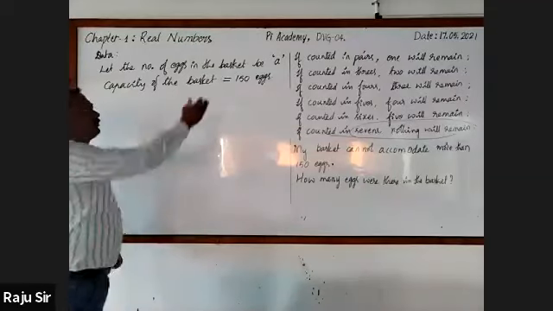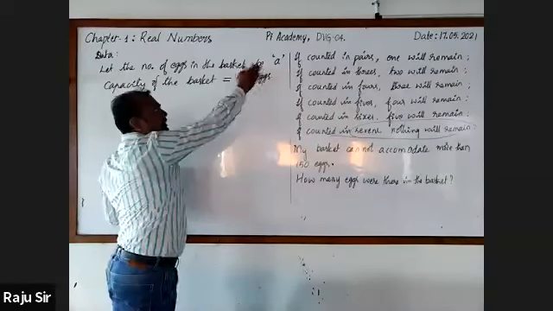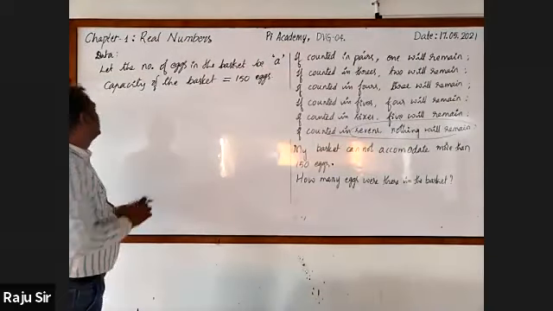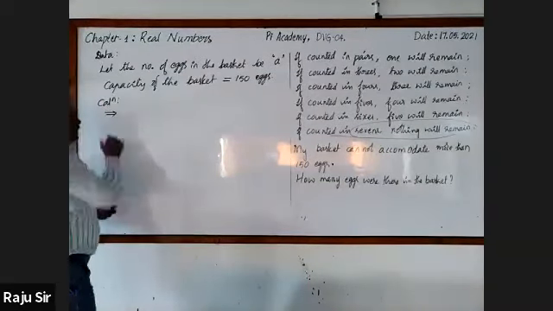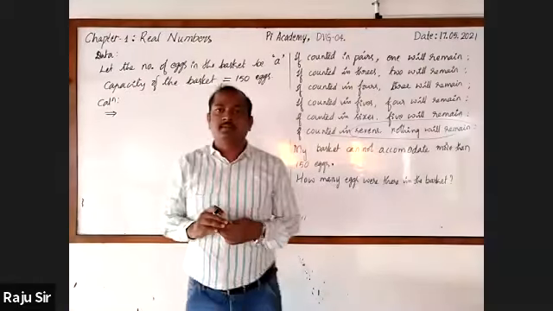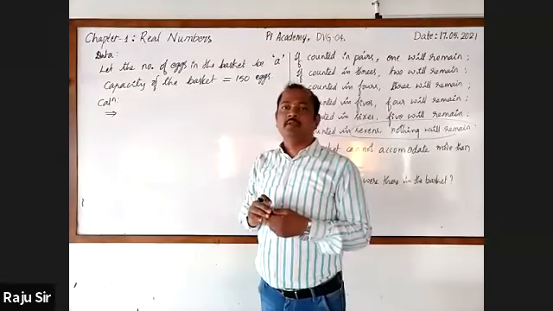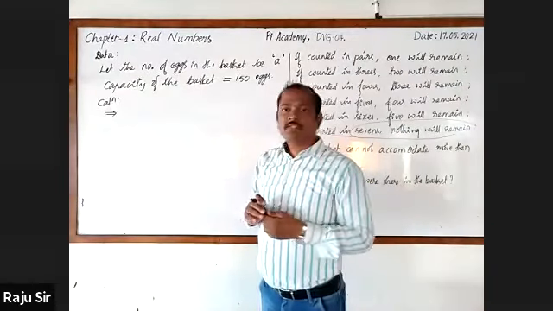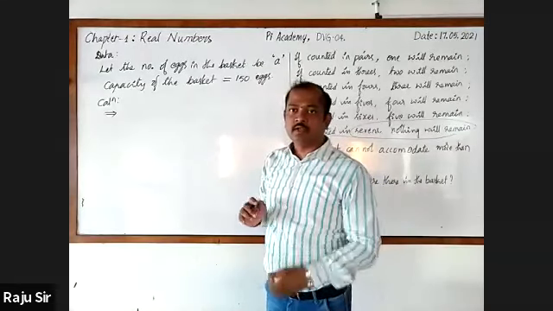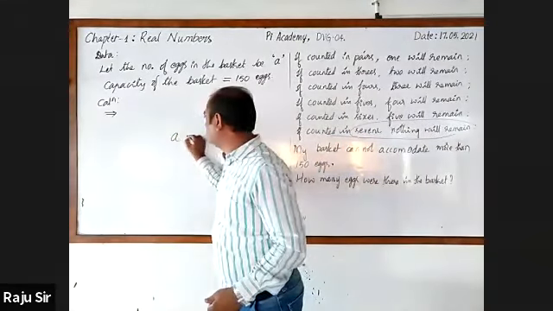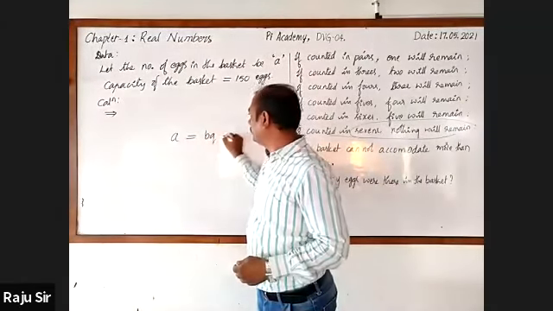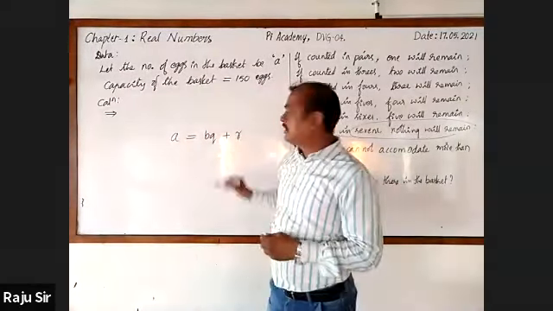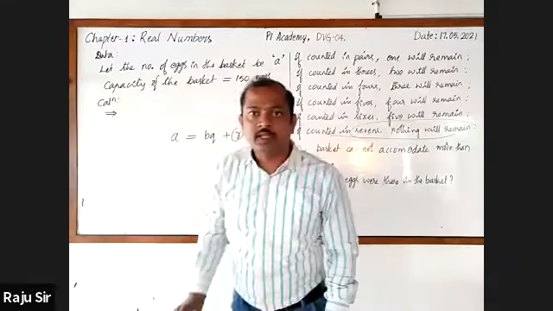And you are going to find out the total number of eggs in the basket, that is A. Let's go for calculation. Before that, let's recall the statement, that is Euclid's division algorithm. We write the statement like this: A equals B Q plus R. R is the remainder.